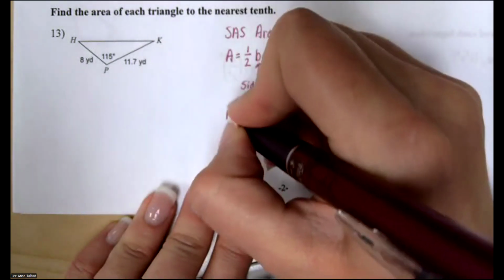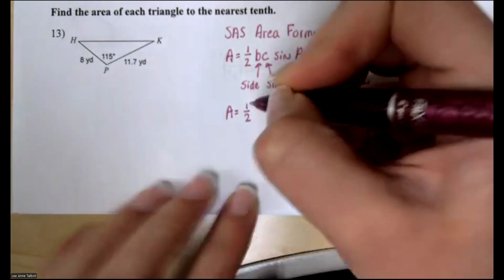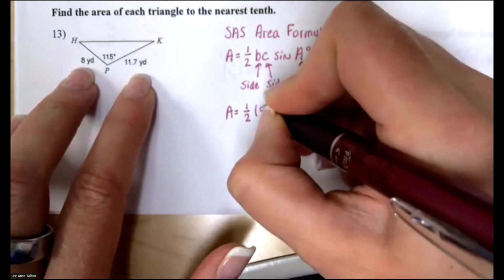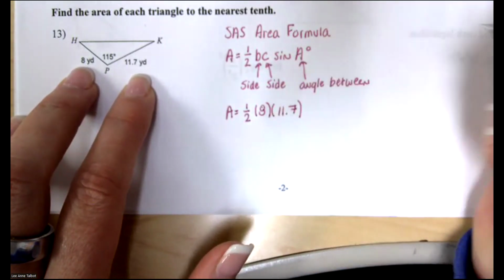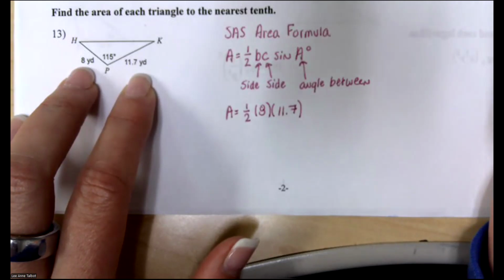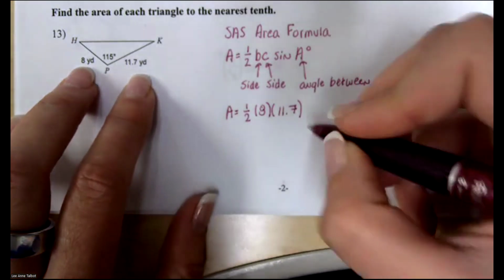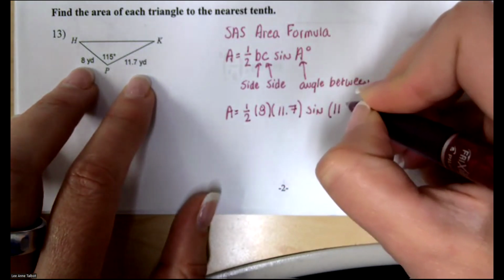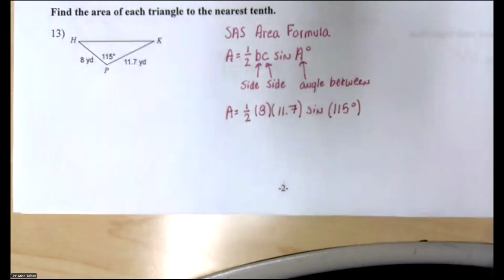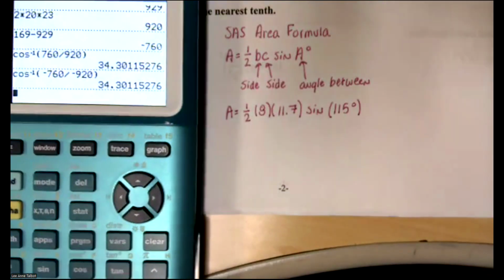Okay, area equals 1/2 side, side. Doesn't matter the order you put those because it's multiplication. Sine of 115. I'm lazy.